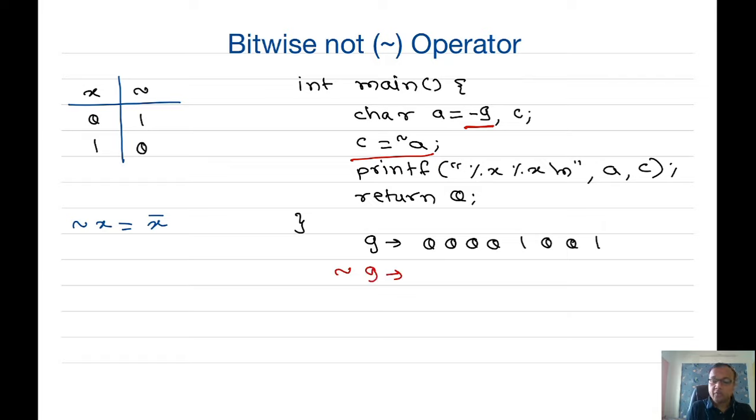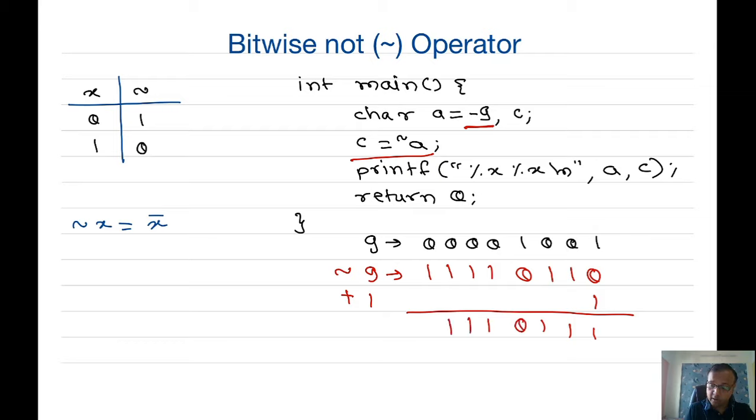So complement of 9 will be 11110110, right? And then plus 1 on top of it should give me 11110111, and this result is nothing but -9 as 2's complement. Correct?